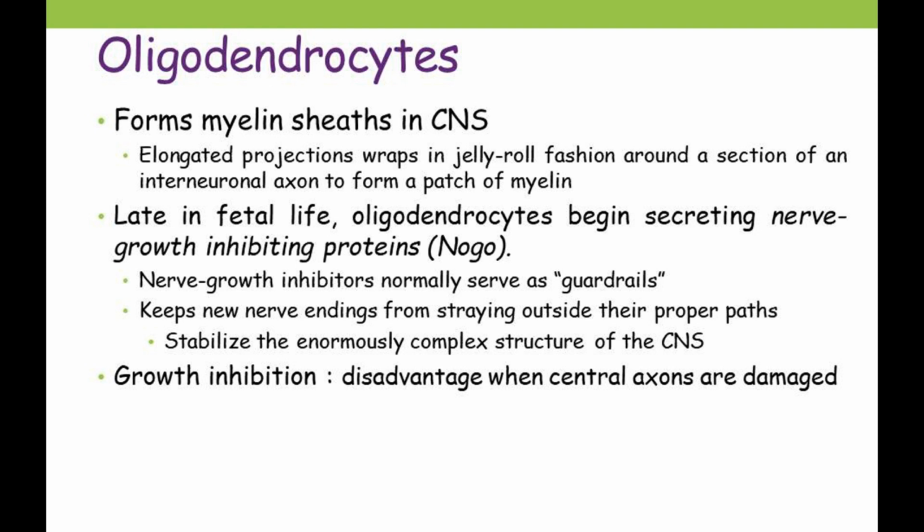Later in fetal life, oligodendrocytes begin secreting nerve growth inhibiting proteins, also called NOGO, and the nerve growth inhibitors serve as guardrails which help keep the nerve endings from straying away from their normal positions, and this helps to stabilize the complex structure of the central nervous system. One of the disadvantages of inhibition of growth by the growth inhibiting proteins is when the central axons are damaged and require repair.